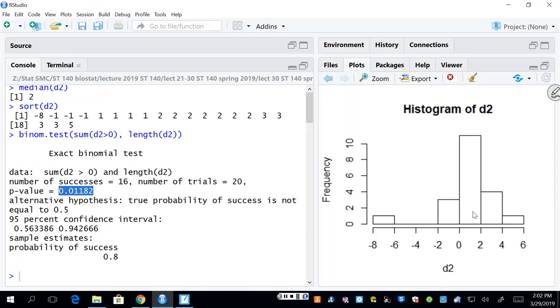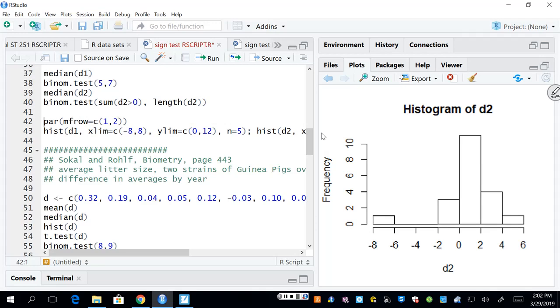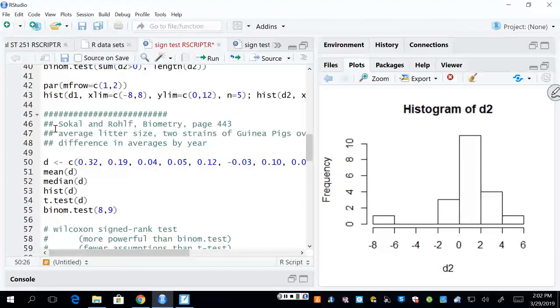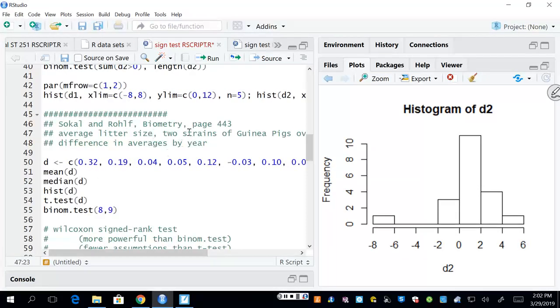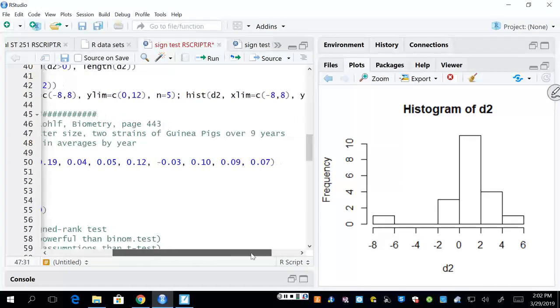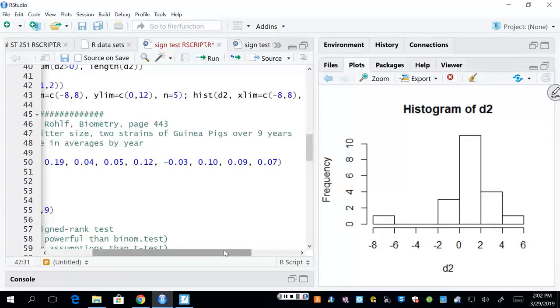So, one other example in biology. Sokal and Rohlf, in their book on biometry, have an example where they have 2 different strains of guinea pigs. They've been growing in labs for over 9 years.